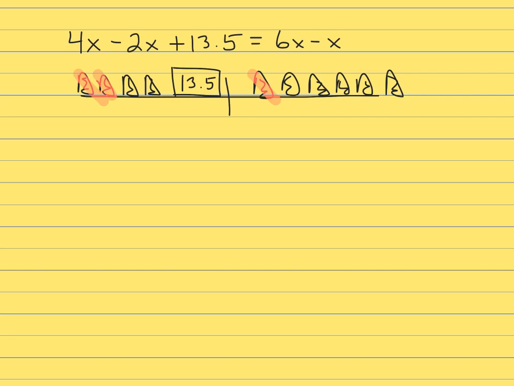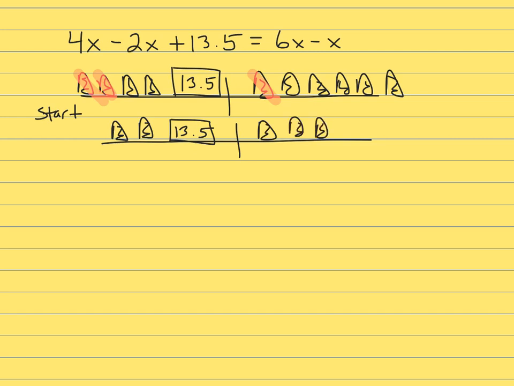Now at this point, so that it's not confusing, I'm going to start with a fresh line where it's balanced. So I have 2 triangles and 13.5 based on the work that I've done, and then I have 5 triangles on the right.